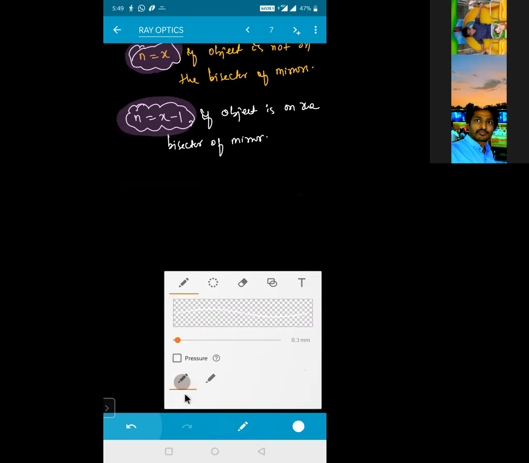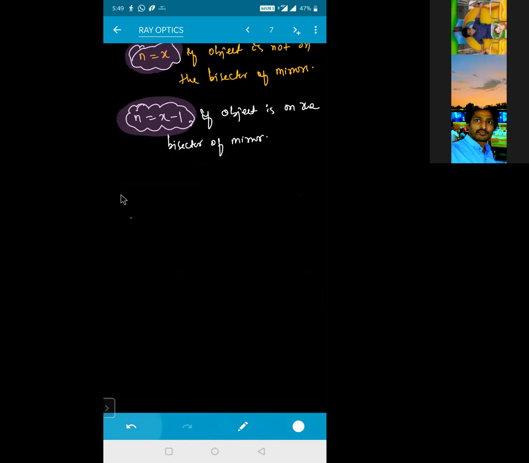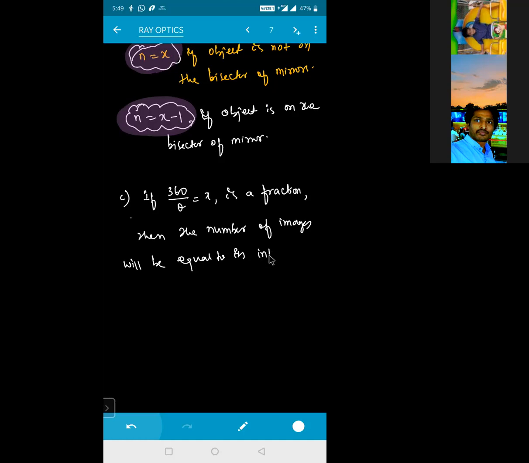Now I will write one more condition also. See, if 360 by theta is equal to some x, and x is a fraction, then the number of images will be equal to its integral part.